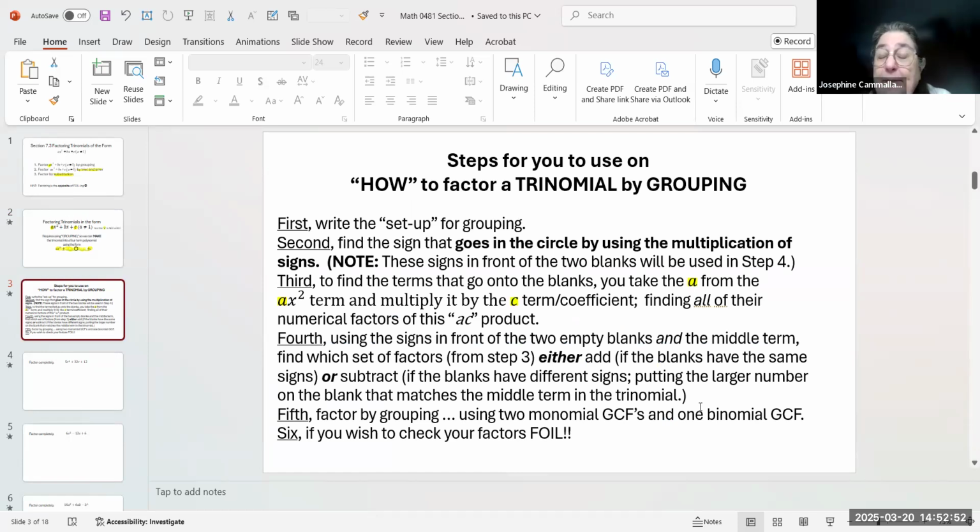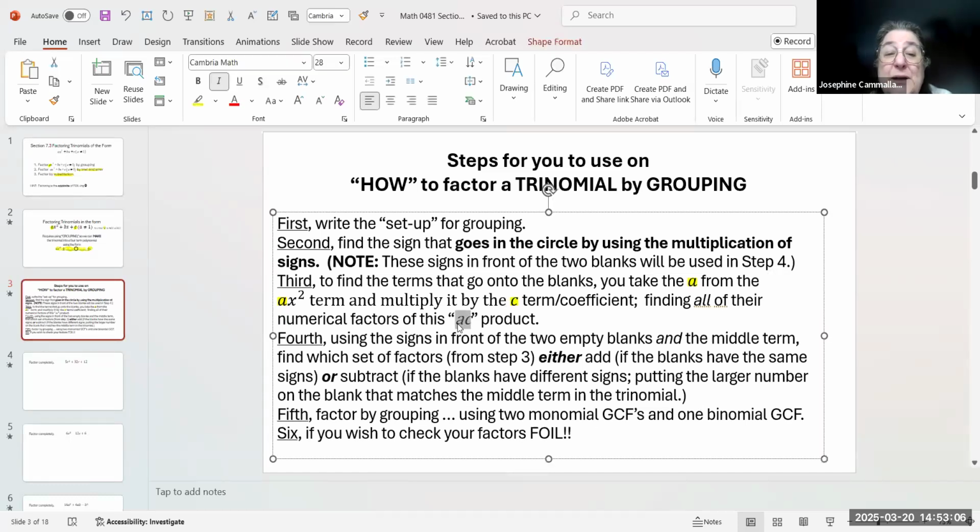We're going to set up the grouping, which is the two blanks. We're going to find the sign that goes inside the circle. And then we're going to take the A term and the C term and multiply them together.